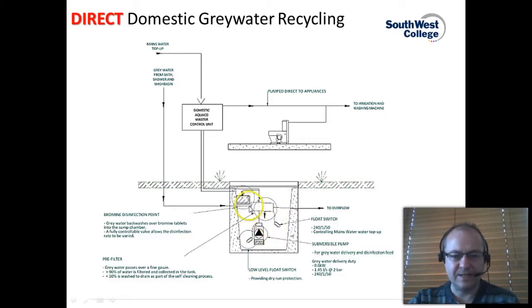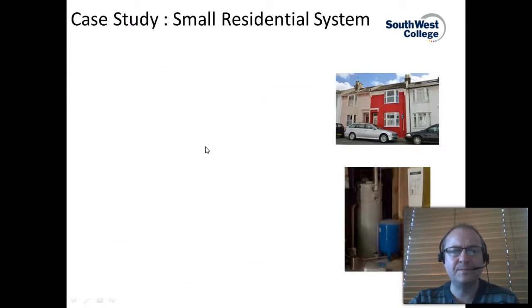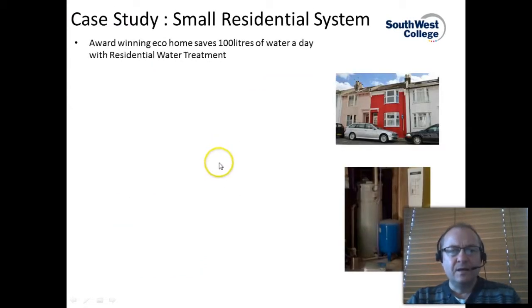The main difference in this system is you'll have a master control unit that's supplied as part of your greywater recycling system. When there's a demand for the toilet, or when there's a pressure drop due to the toilet flushing, this master control unit determines if there's enough water in the greywater recycling system to top up your cistern from there, or if there's not, it'll take your top up directly from the mains water.